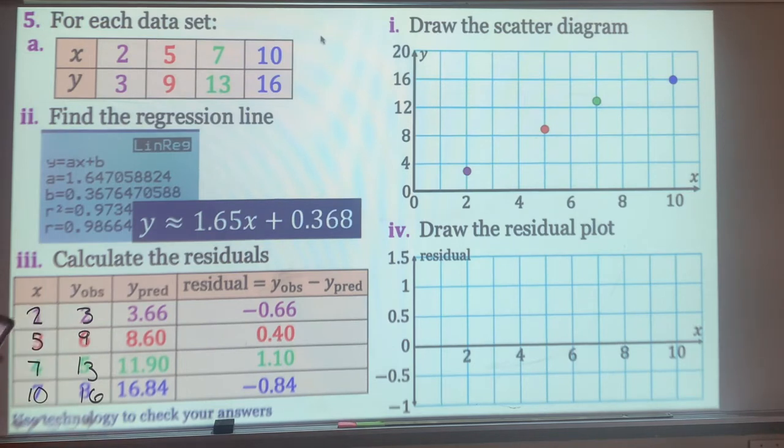All right, I have my x's and my y observed wrong, but then after I do that, everything comes up. All right, sorry for that. This is number 5. A. Okay, x and y.